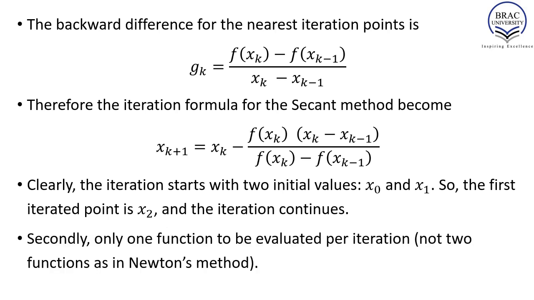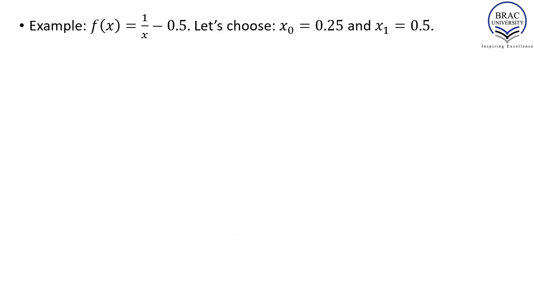Secondly, the advantage of this method is that only one function evaluation is needed per iteration. For each iteration we just need to compute f of x_k, not the derivative. So we have a much simpler case here. Now take an example: f of x equals 1 over x minus 0.5.